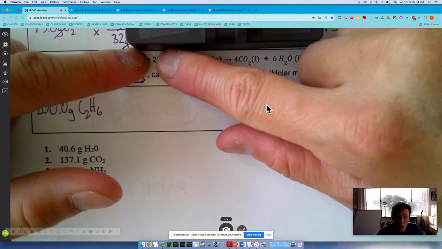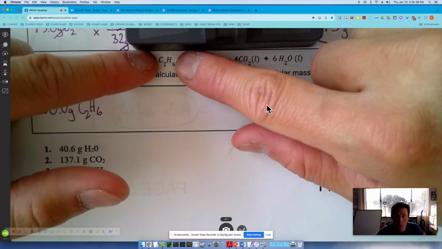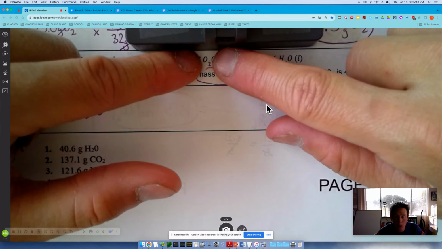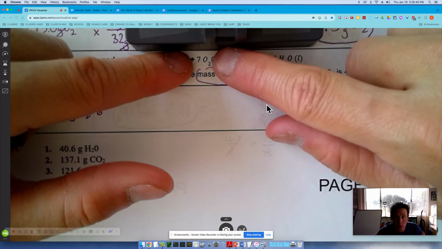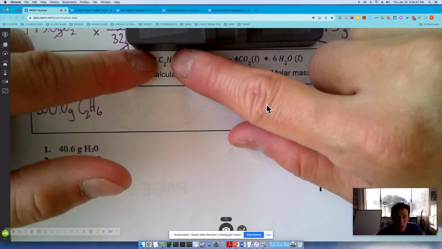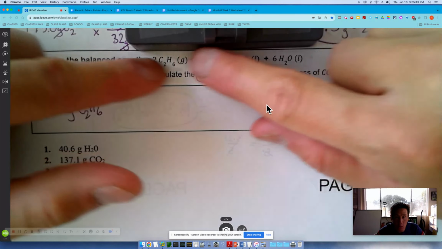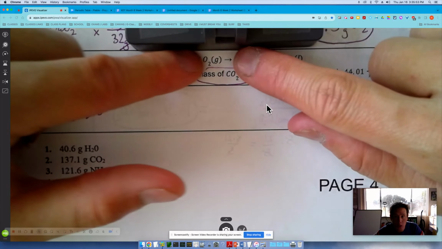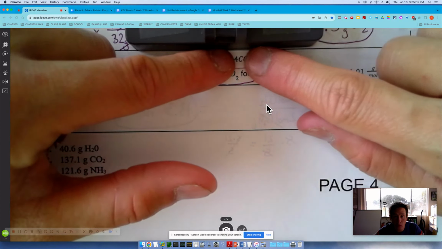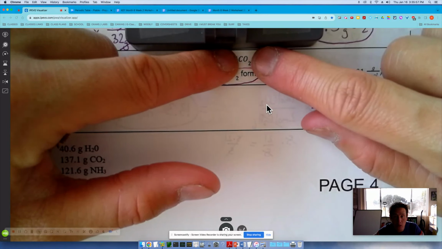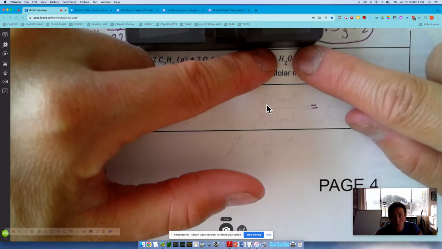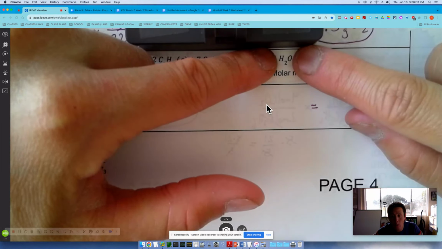For every 2 moles of C2H6, if you add that to 7 moles of O2, you will create 4 moles of CO2, as well as 6 moles of H2O.